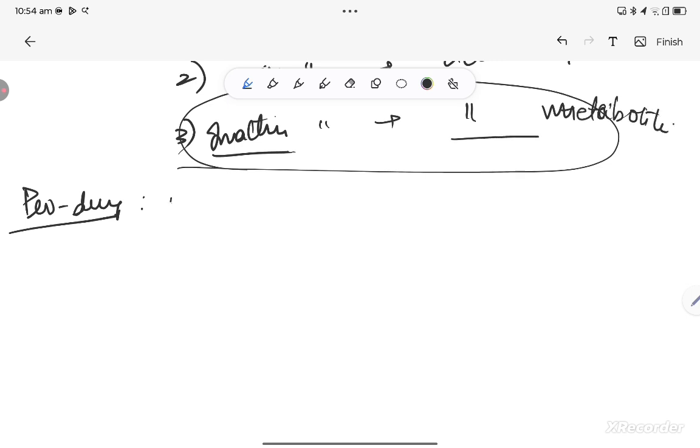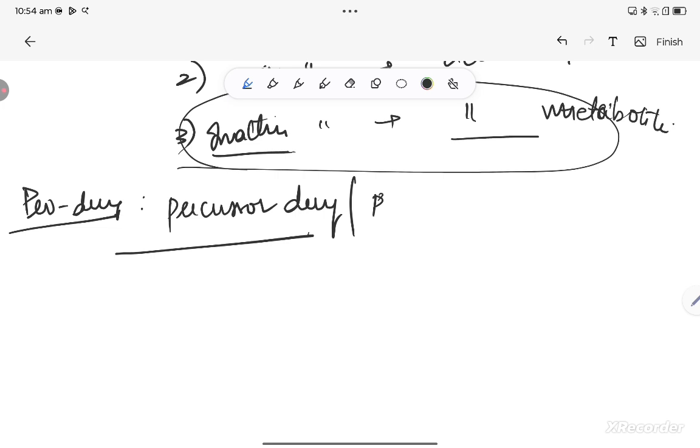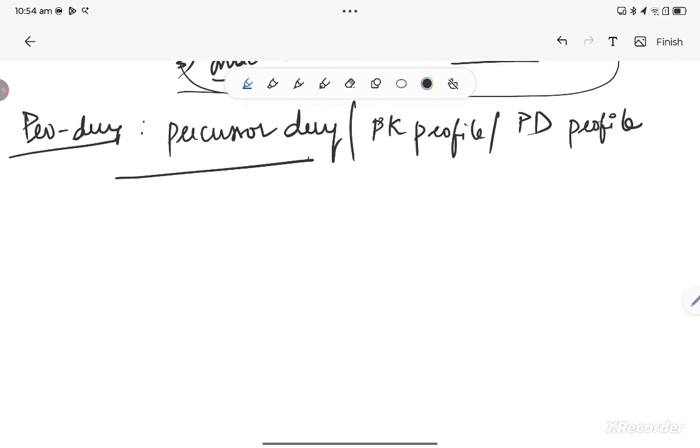Usually, a precursor drug or entity which has a favorable profile, be it PK profile or PD profile. What I mean by that is better absorption, better distribution, restricted distribution, and all. And PD profile, mainly I mean reduced side effects. These will be chosen as an inactive entity and they will be given to the patient. These get transformed into active metabolite.